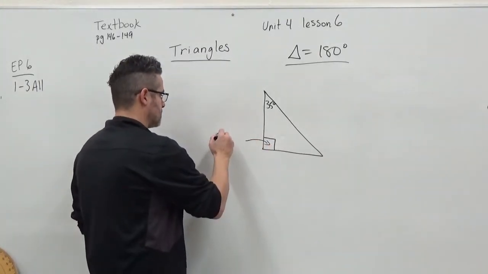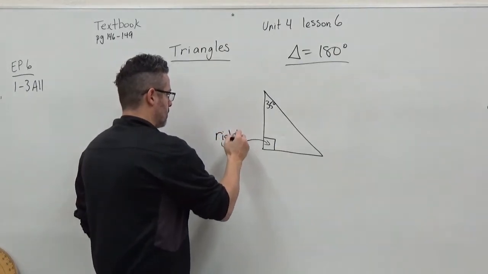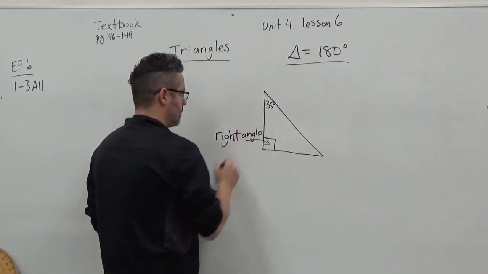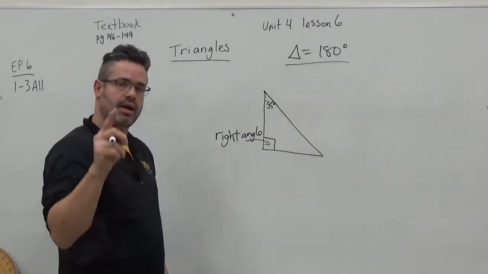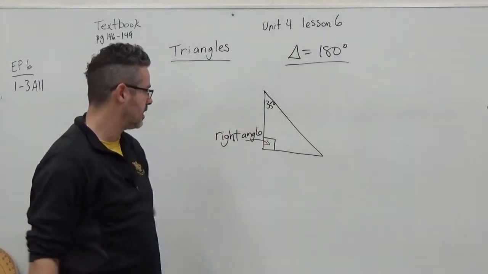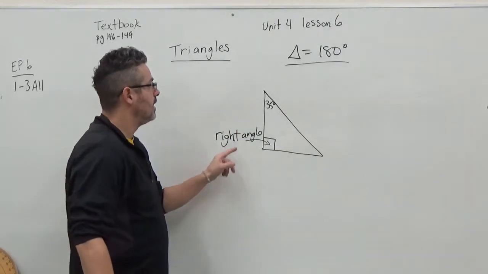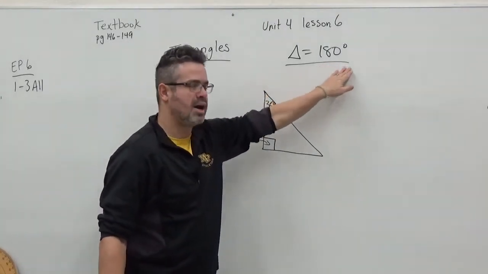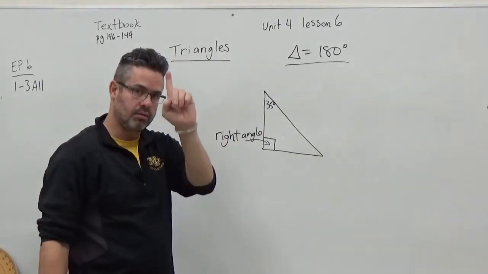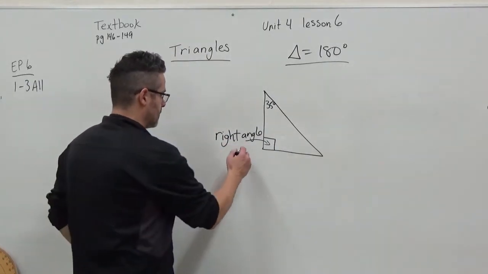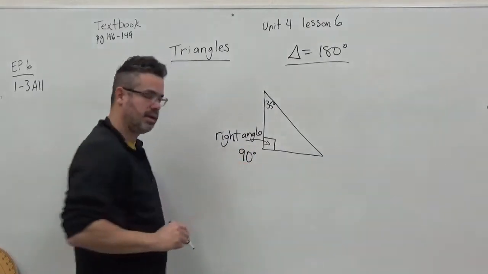This symbol means right angle. Well, what is a right angle? We learned that the other day with one of our 5 angles that we did. And we knew that just like a straight line has only one measurement, 180 degrees, a right angle only has one measurement, and that is 90 degrees.